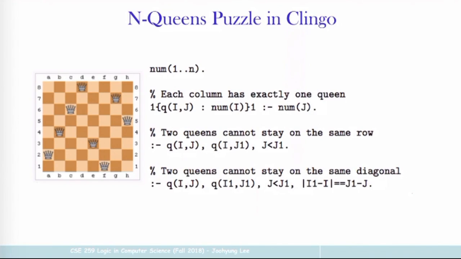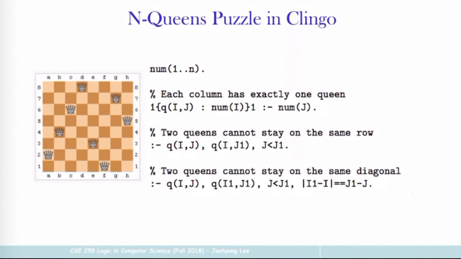You don't have to know this now because I didn't teach you at all. There are only 3 lines of code. The percent sign line is just a comment, so you can write 3 lines of code to solve this n-queens problem.